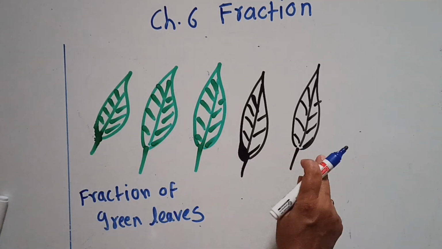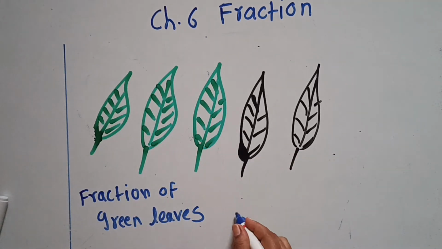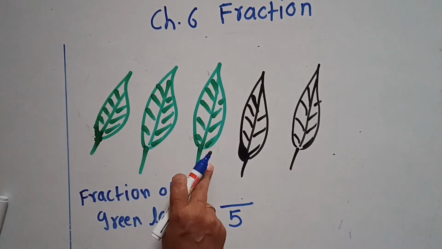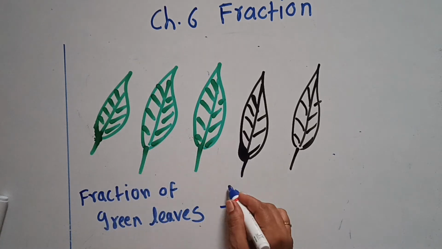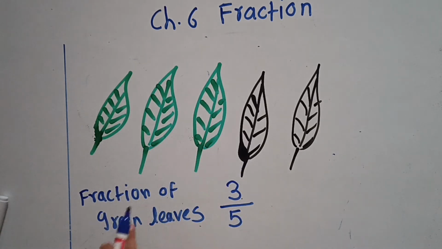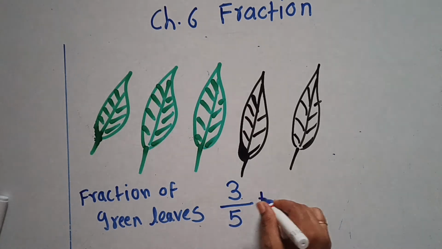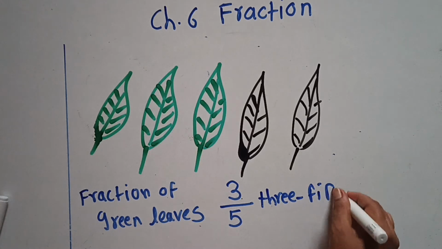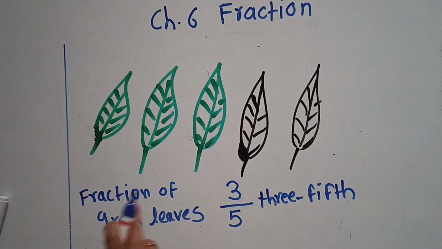Total number of leaves are 5, so we have to write 5 in the denominator. And how many leaves are green? 1, 2, 3. So the fraction of green leaves is 3/5. We write it in words as 3/5.